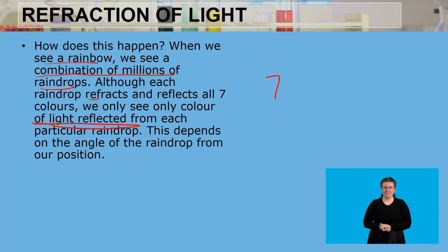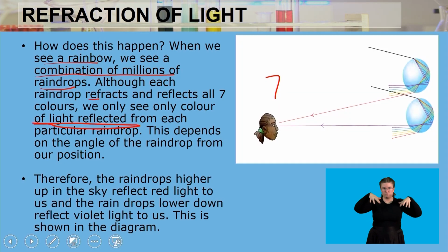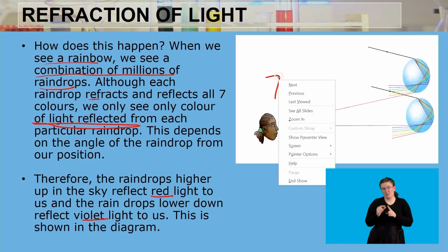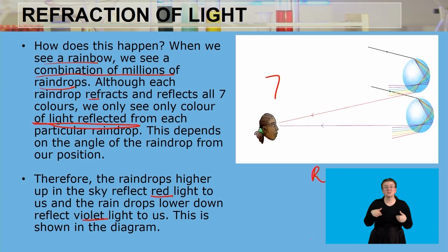So this depends on the angle of the raindrop from our position. So what we are saying here is this. The raindrop higher up the sky reflects the red light to us, and the raindrop lower down is going to reflect the violet. Remember, we are starting from red all the way to violet.